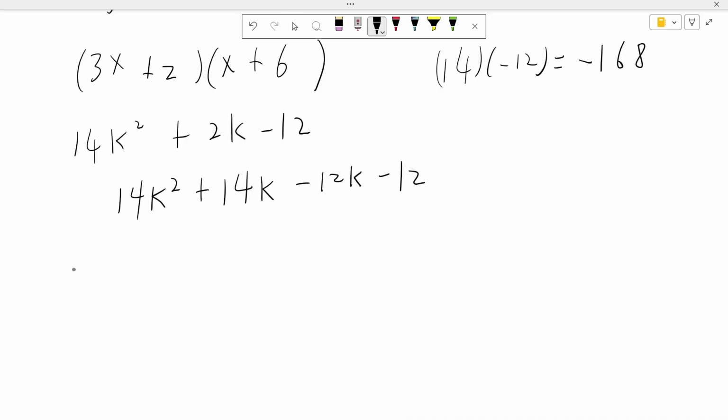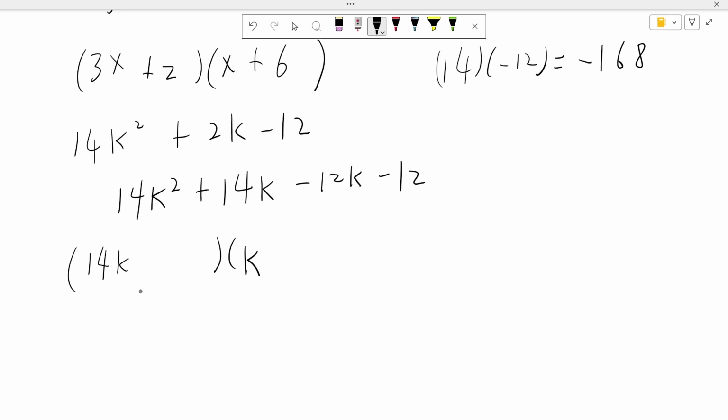And then we first try to take care of the k squared. Let's try just 14k and then k. Now we have to see whether this 14, the coefficient, will divide evenly either this one or this one.